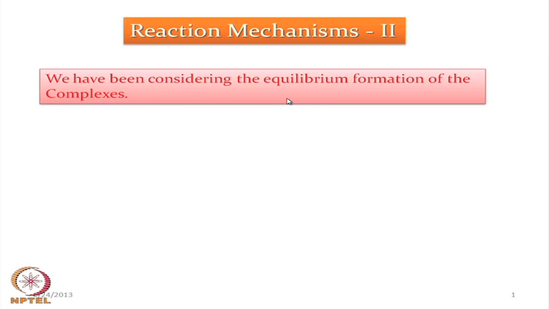When we add metal ion and the ligand to each other, the corresponding metal-ligand bond is formed, depending on the coordination number requirement of the metal ion.